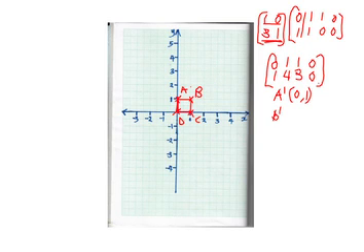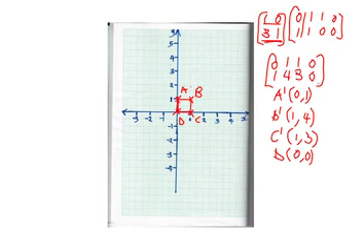And this means that A prime is 0, 1, B prime is 1, 4, C prime 1, 3, and D prime 0, 0. So we can locate the image for this unit square after the transformation, where we have A prime, which is 0, 1. So A prime remains there.